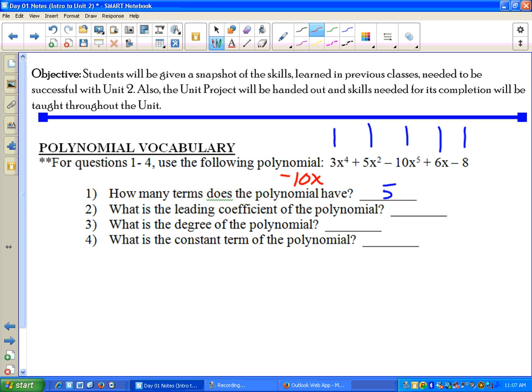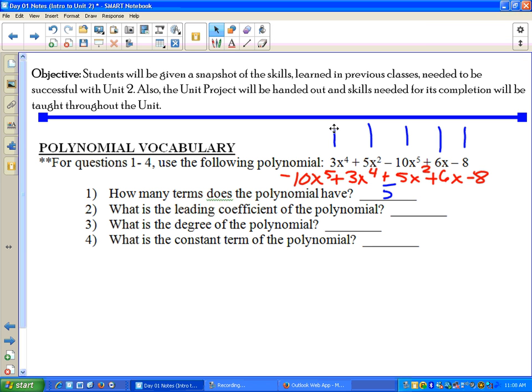Negative 10x to the 5th, 3x to the 4th, plus 5x squared, or 5x to the 2nd, plus 6x minus 8.